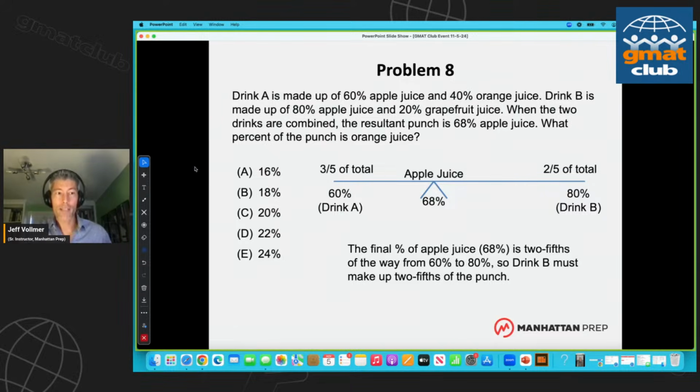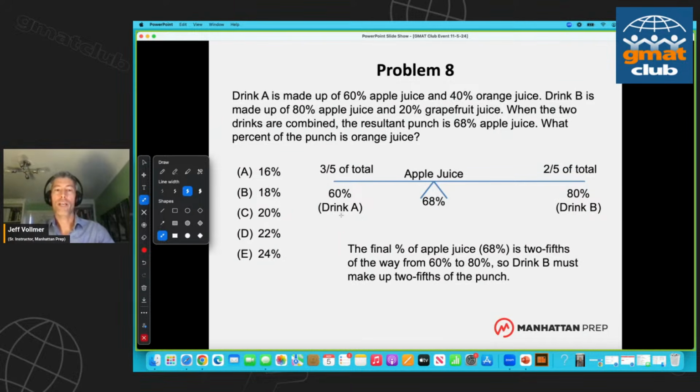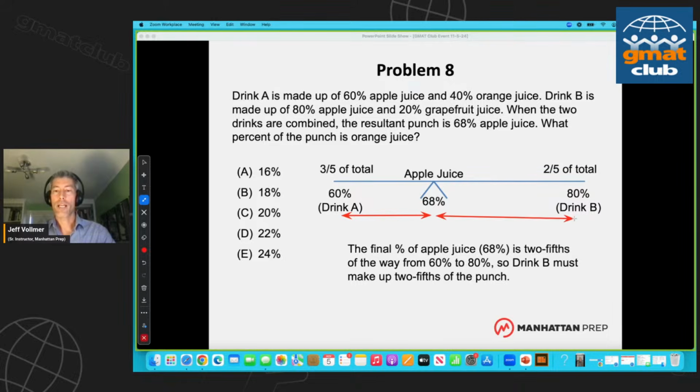I won't write them all up on the screen, but the other ways to think about this was, how far is the 68% from either side? This is a gap of 8. This is a gap of 12. So what's the ratio there? Is it twice as far? No, it's not twice as far. It's 1.5 times, or 3/2 as much.